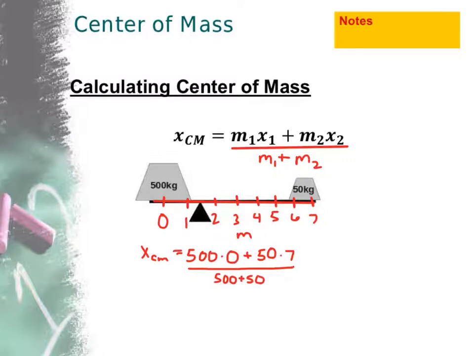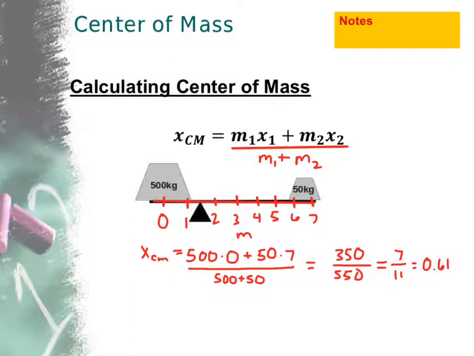And we're going to get, in the numerator, 350, because that first term is 0. And then we're going to have to divide that by 550. And when we do that, we get a number that's approximately 7 over 11, which is equal to, if I remember right, 0.6060.